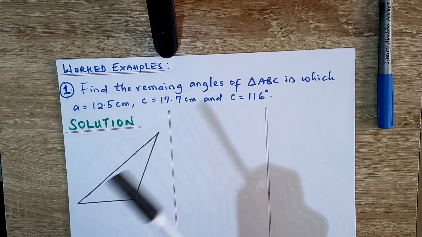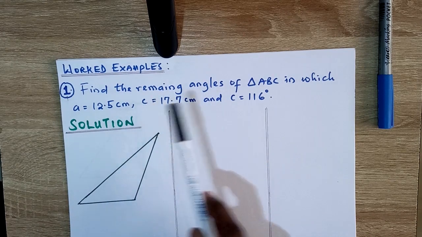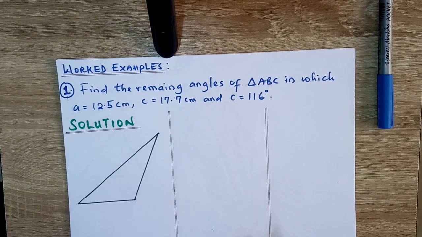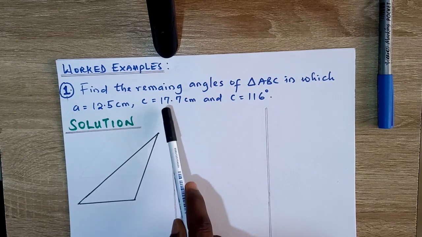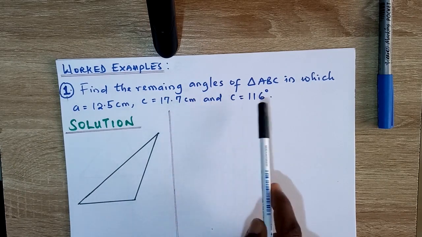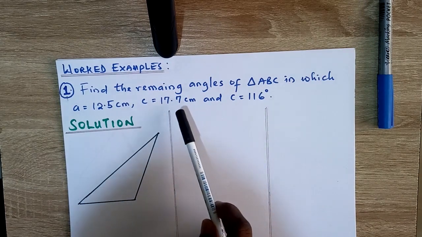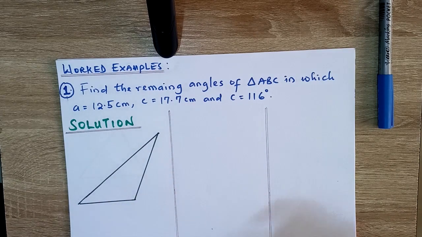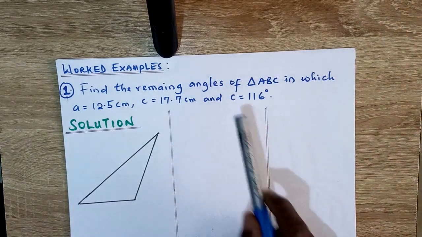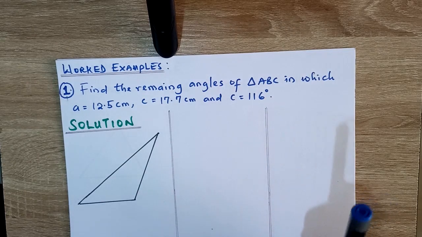For example, it is difficult to differentiate capital C from small c if it is not well written. So here I have two C's. One is presented in centimeters and the other in degrees. So we'll take the one in degrees as the angle at C, while the one in centimeters as the side of C.